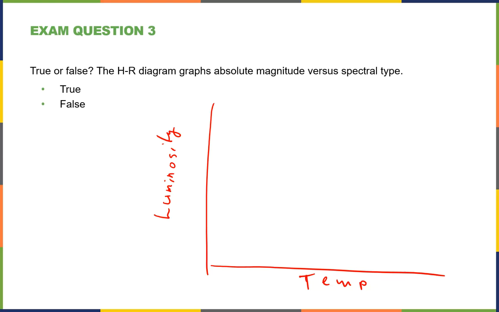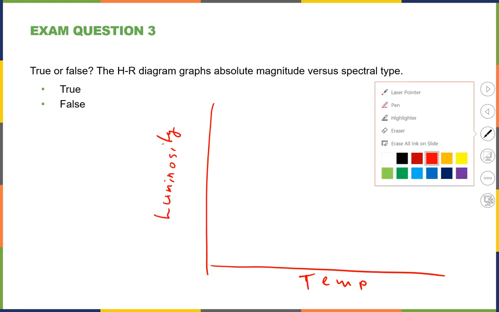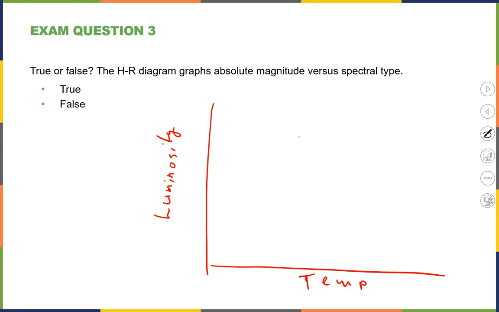You could put luminosity, or you could put absolute magnitude.